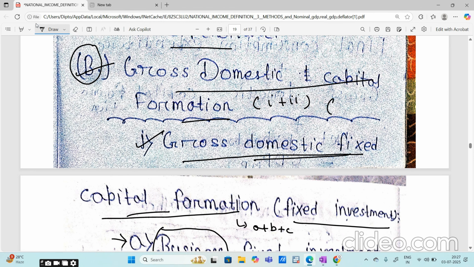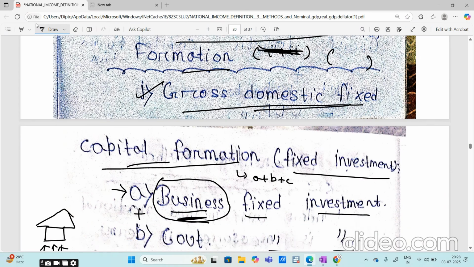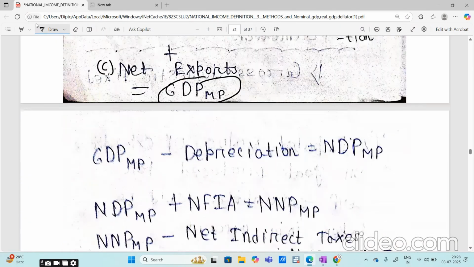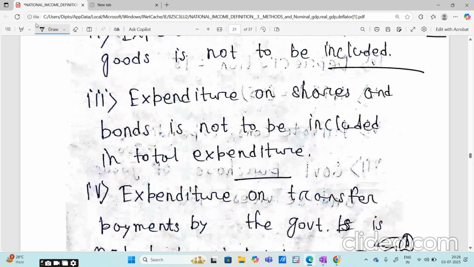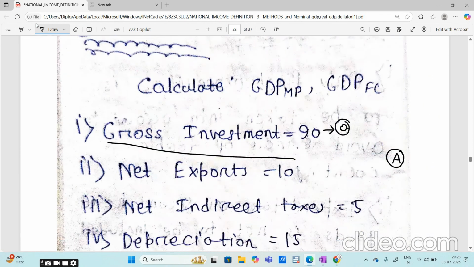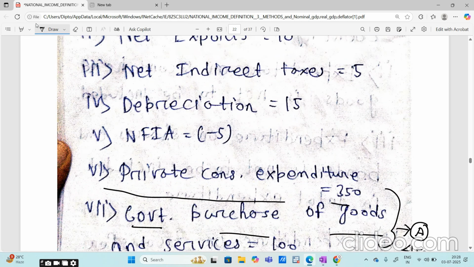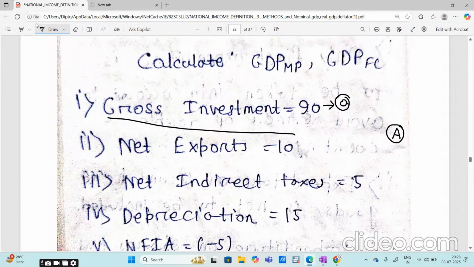This is directly given here in the question, so we don't have to make these calculations to find out part B. If in any question it is not directly given, in that case we have to calculate by following the steps and the formulas. But here this is directly given. This is directly our part B.